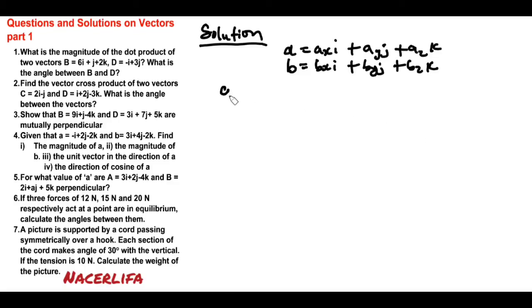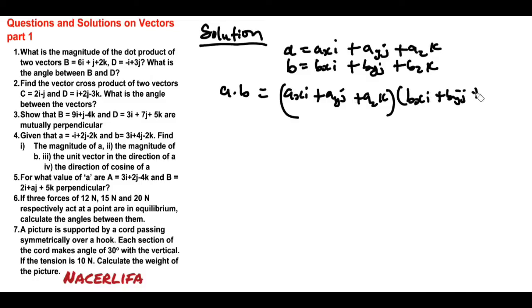So I have A dot B. We have not started solving this problem. This is just an illustration. So I have AX i plus AY j plus AZ k, then you have BX i plus BY j plus BZ k. So we go into all of this. If AX is to go into this, we have AX BX i dot what? i.